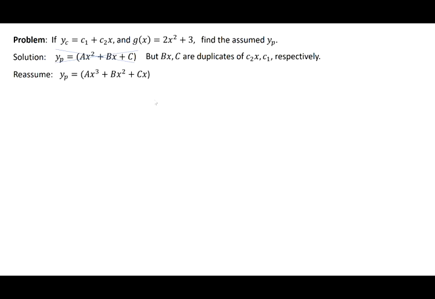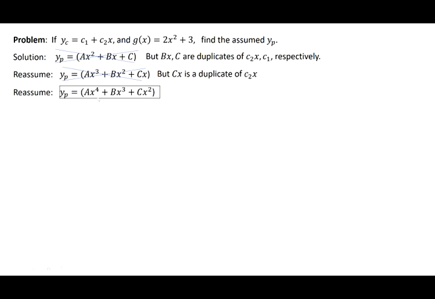So we need to reassume. By multiplying the very latest one by another x. Or in other words, we could have multiplied the original one by x squared. Now any duplications?